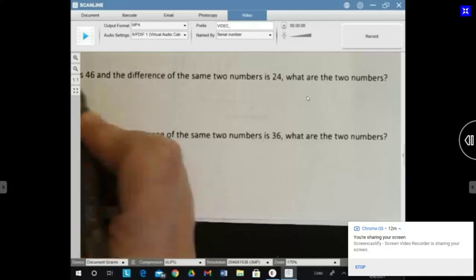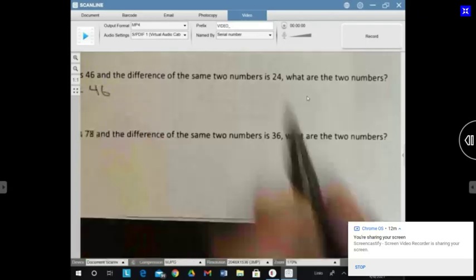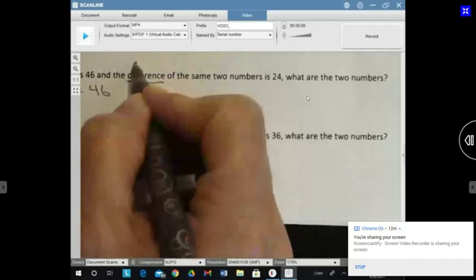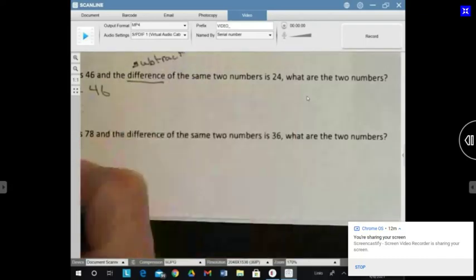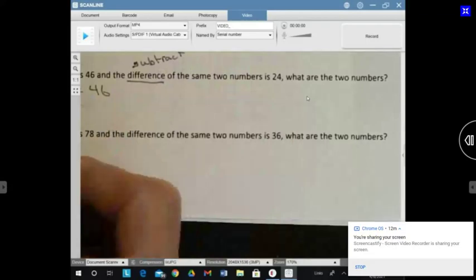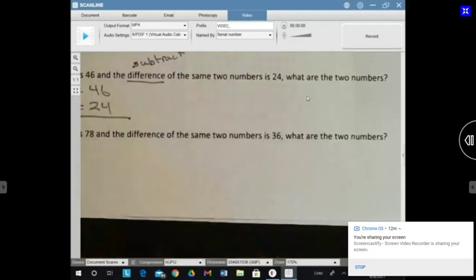Remember, what does sum mean? What does difference mean? So two numbers, x and y equals 46. The difference is 24. So x minus y equals 24.